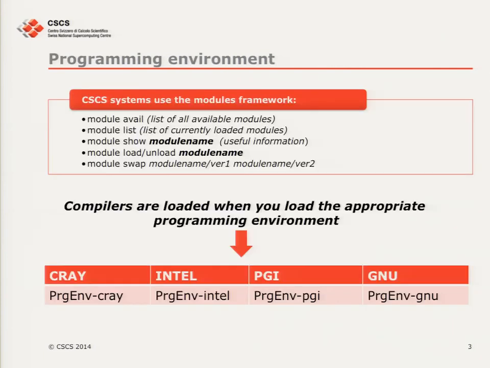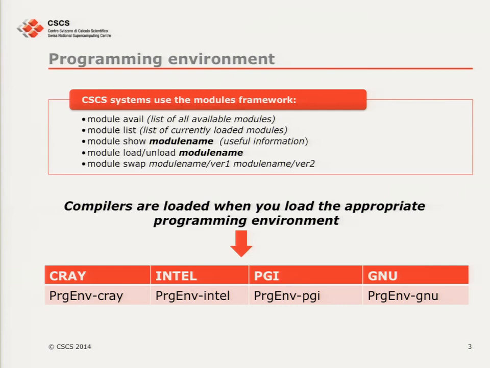The programming environment, as we said, is really nice. We have everything packaged up, or Cray and us have things packaged in modules. So these are the most common commands that you will probably need to use when you're working in our systems. Module avail lists all of the available modules on a machine.